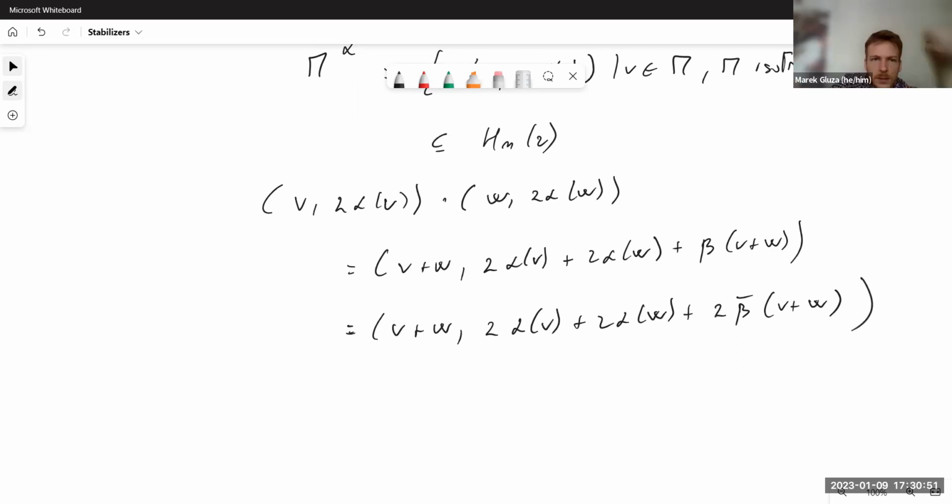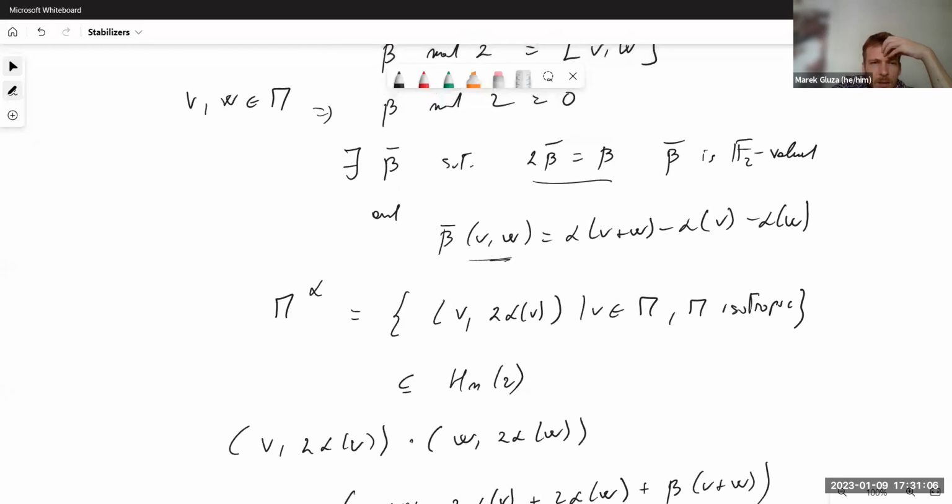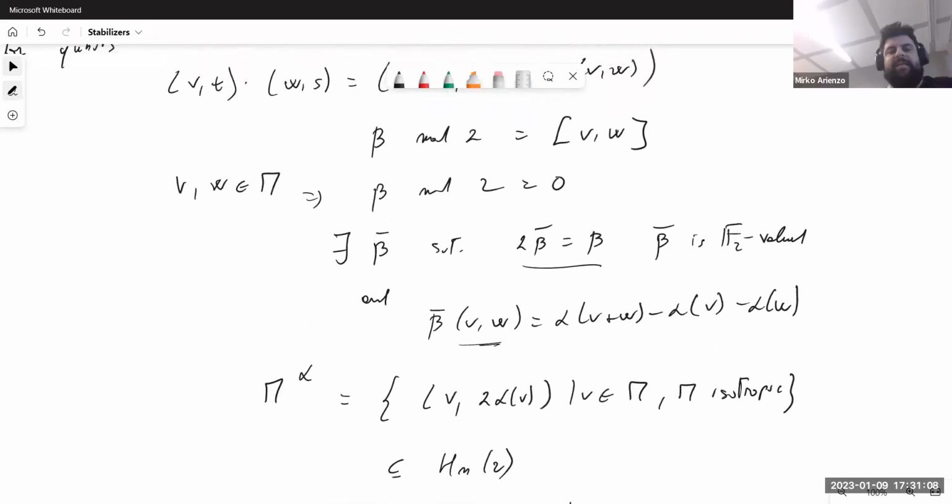Can you just explain one more thing, please? This beta bar, you said that this will be F2 valued. I think I'm a little bit lost. I mean, doesn't it always have to? No, the idea is that since you have that beta mod 2 is equal to 0, right?